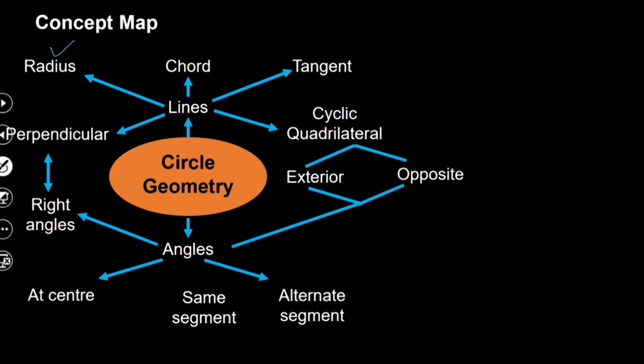So far we've looked at my radius, the concept of a chord and what it is about, the concept of perpendicular lines, right angles, the angle at the center, same segment, and also the concept of alternate segment meaning other segment. We're going to link this to the concept of tangents in our next lessons.